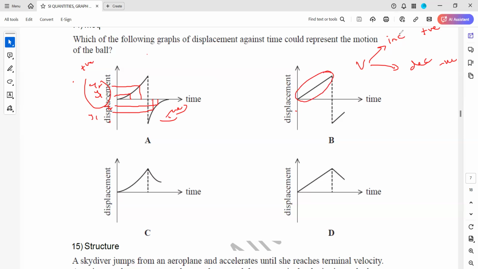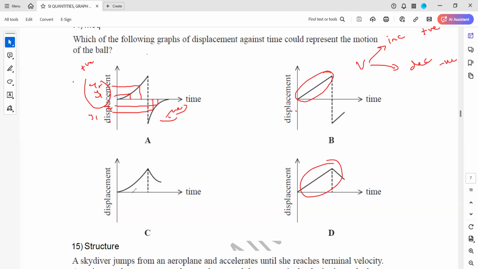But we don't want constant slopes. We want increasing or decreasing slope.